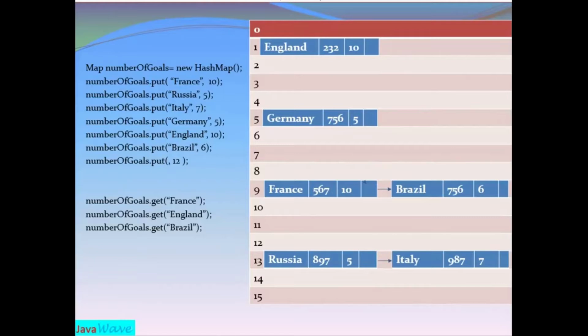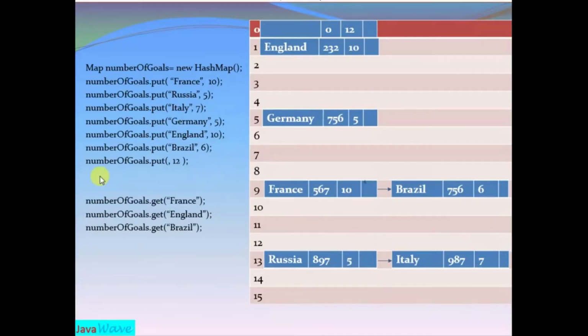And there is one element which has a null key. By default, a null key will be stored at the 0th index. Since only one null key is allowed, there will be no other element at the 0th index. So this is how it will work in the case of putting an element.